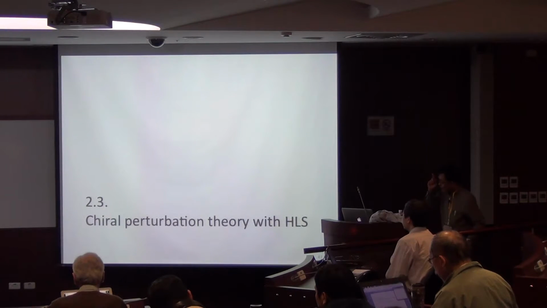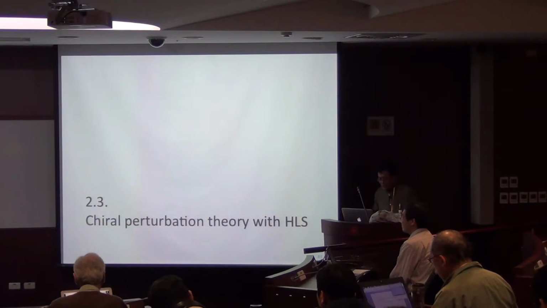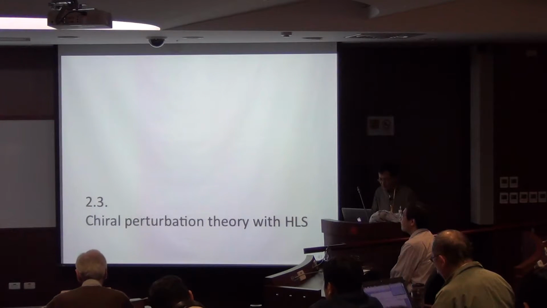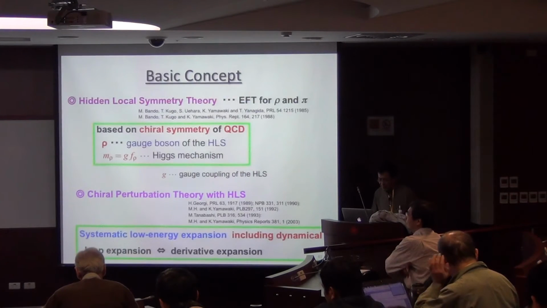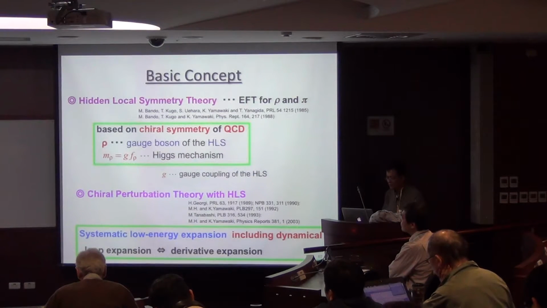Okay, let me talk only about this subsection and then stop. Let me briefly explain the chiral perturbation theory with hidden local symmetry. As I said, the hidden local symmetry is an effective theory for the rho meson and the pion based on the chiral symmetry of QCD.